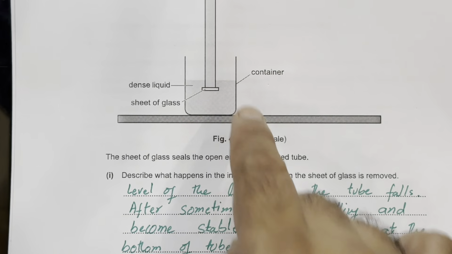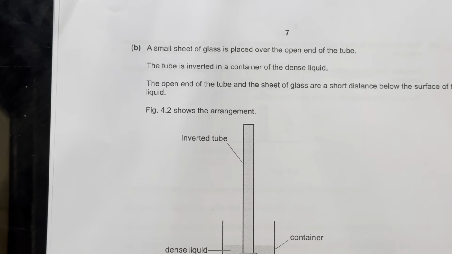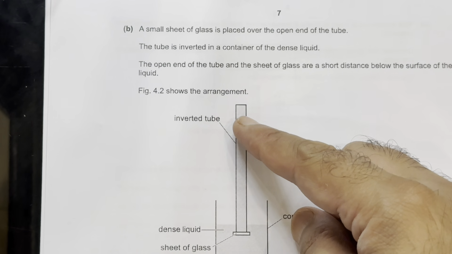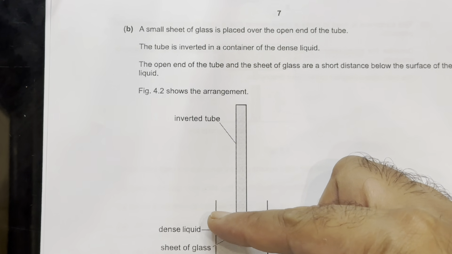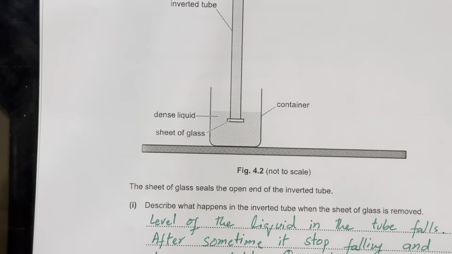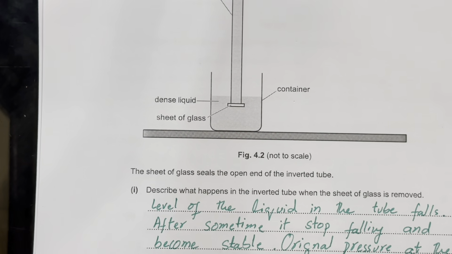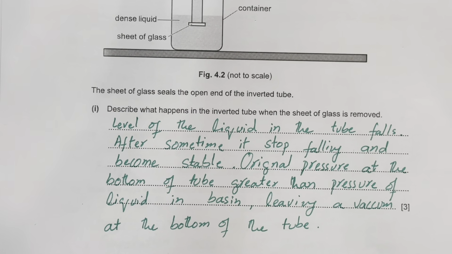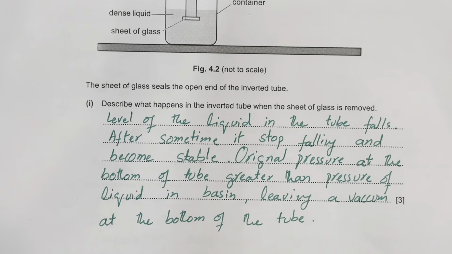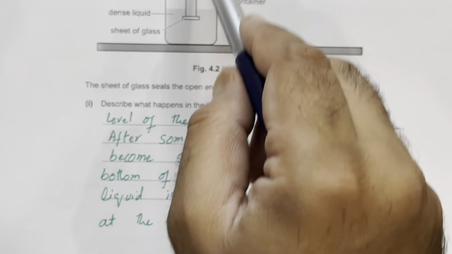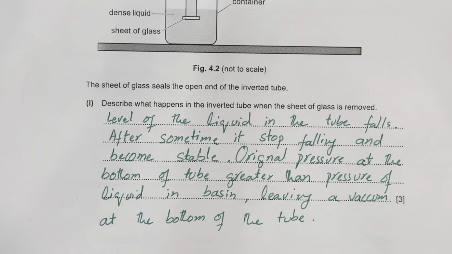Okay, when the glass is removed. First I simply explain. When the glass is removed, the liquid would go down. How much the liquid would apply its weight depends upon the density. So we're going to write over here the answer: the level of the liquid in the tube falls because we have removed the lid.